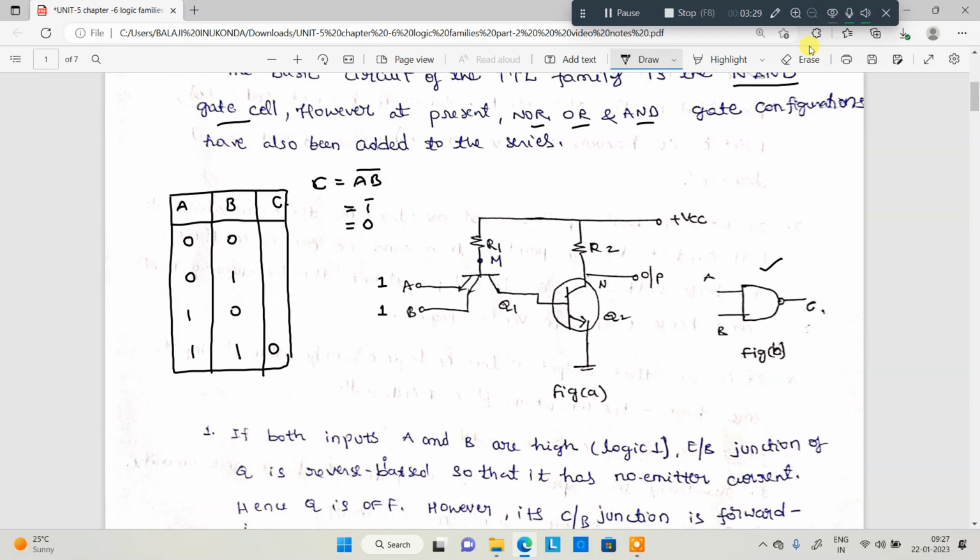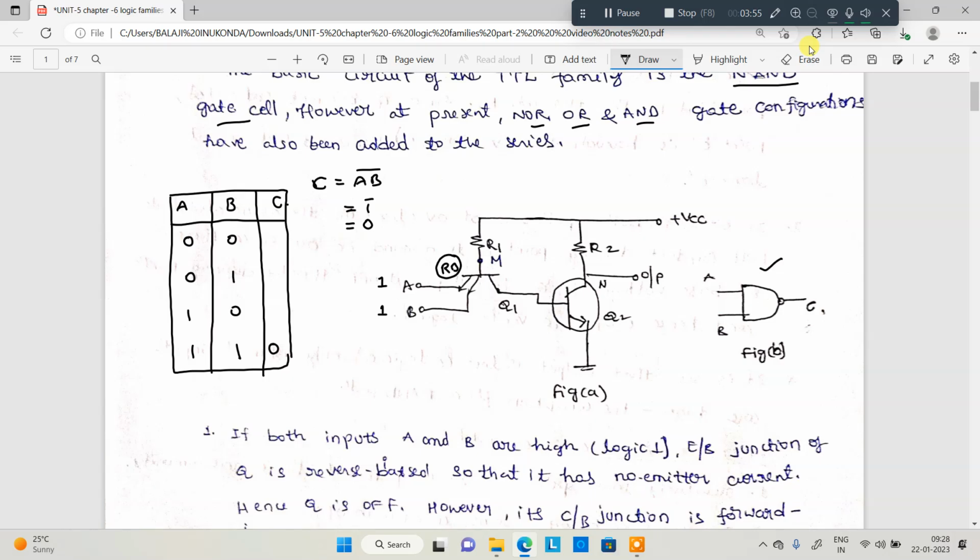So A is 1, B is 1. Whenever A is 1 and B is 1, for this NPN transistor the emitter base junction is reverse biased. Whenever the emitter base junction is reverse biased, the transistor is in the cutoff region.